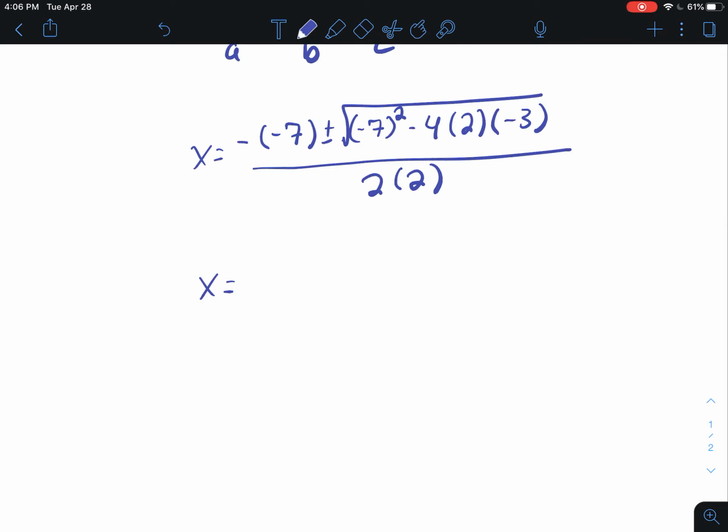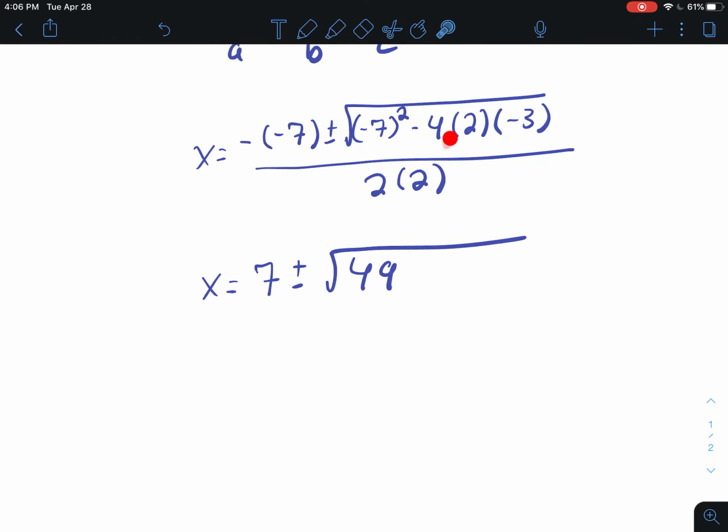So then let's do some algebra here. Negative negative 7 gives us positive 7, plus or minus the square root, or the negative 7 squared becomes 49. Negative 4 times 2 is negative 8. Negative 8 times negative 3 is positive 24.